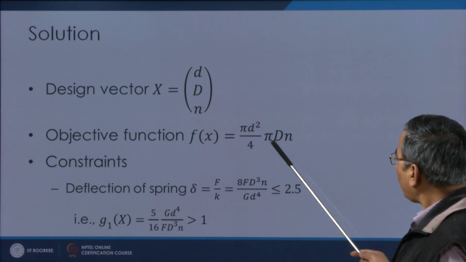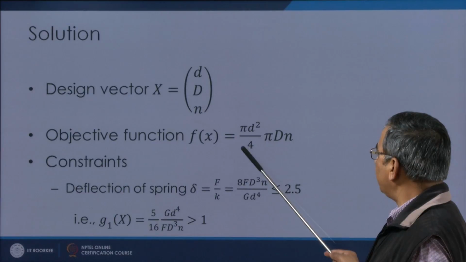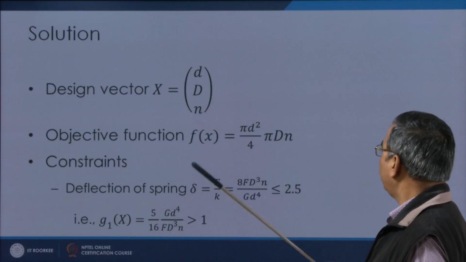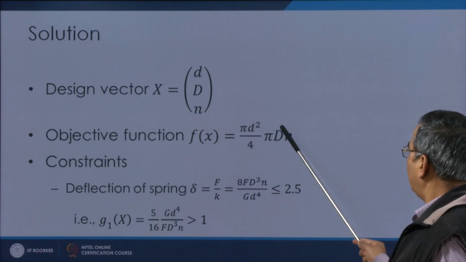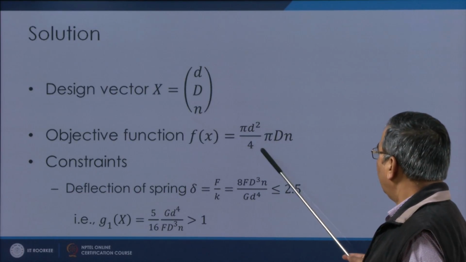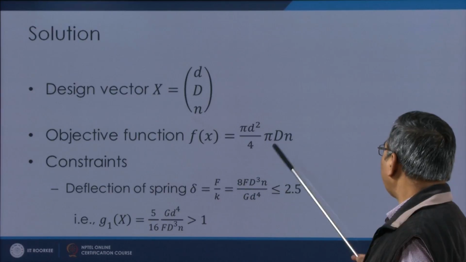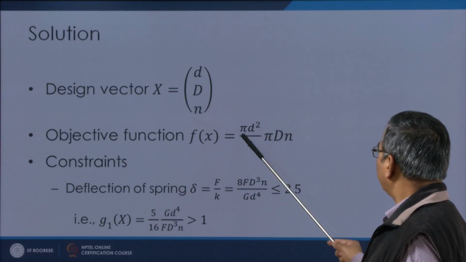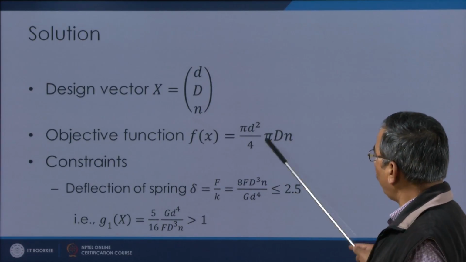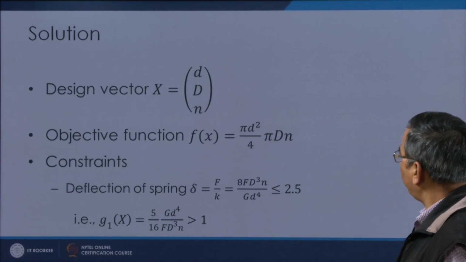So, the objective function is given by this equation, where pi d square by 4 is the area of cross section of the wire, and of course, this length goes up to pi D. So, for 1 turn this is going to be the total volume, and n is the number of turns. So, we will have the total volume of the spring. Okay. So, this is what is to be the objective function.